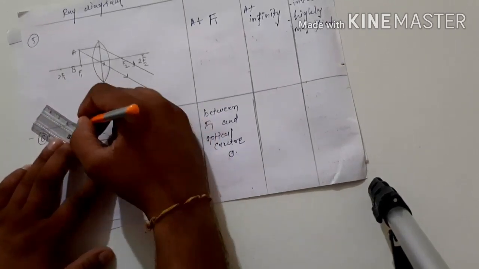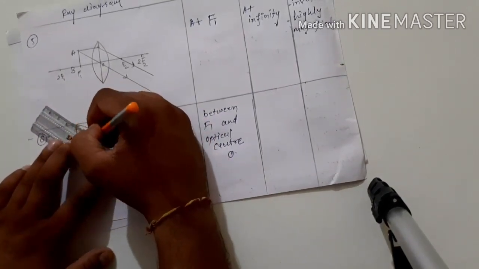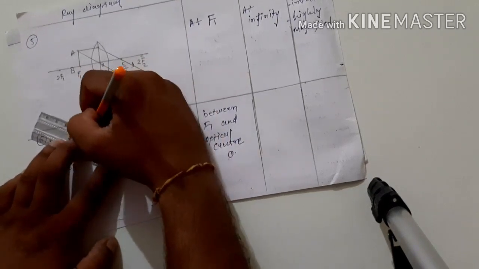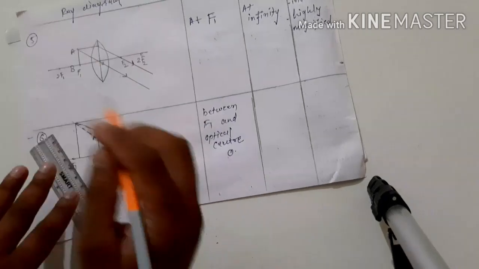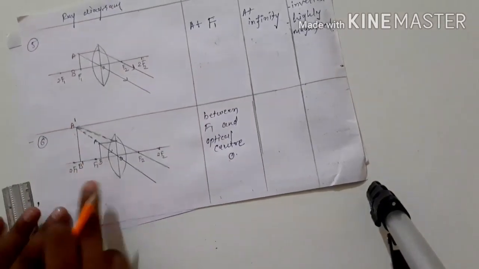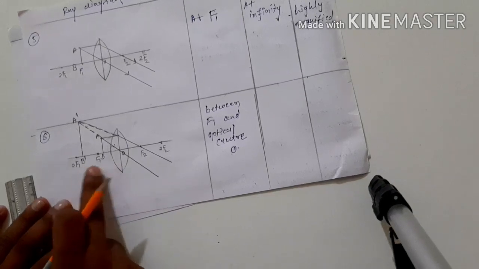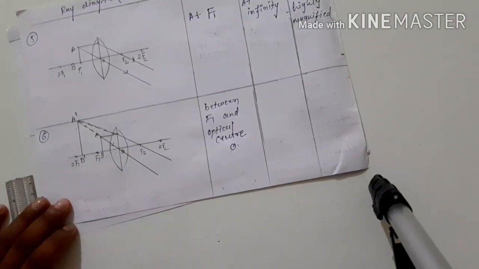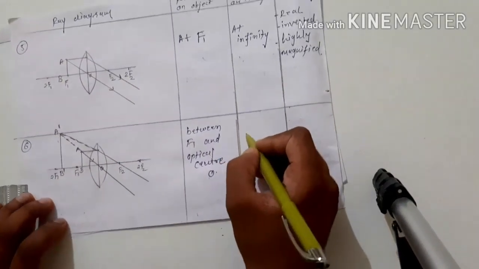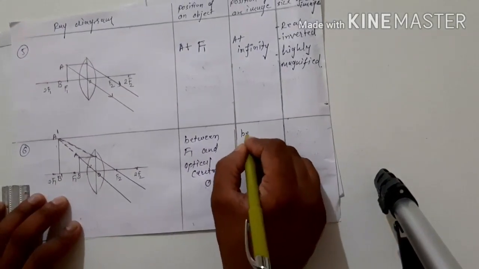Again we are extending the refracted ray. At the point where they intersect, there we get our image A dash B dash. It is between 2F1 and F1.